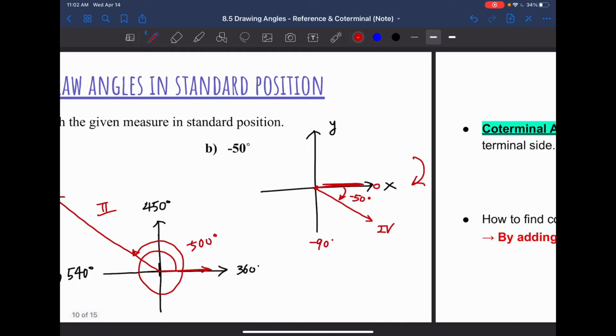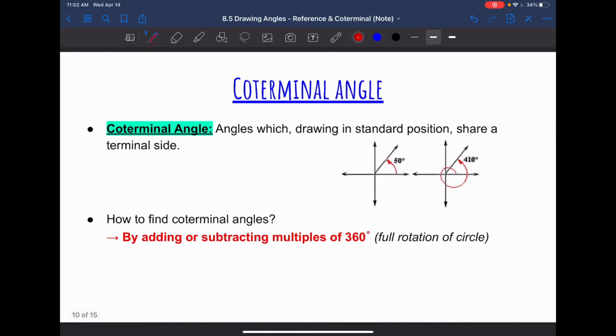Okay, we have something called coterminal angles. Let's copy this. Coterminal angles are angles which, drawn in standard position, share the same or common terminal side. It's simply saying the same angles. Does it make sense? Same positions.